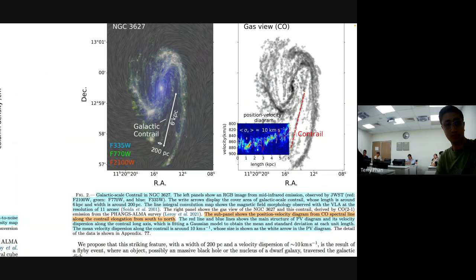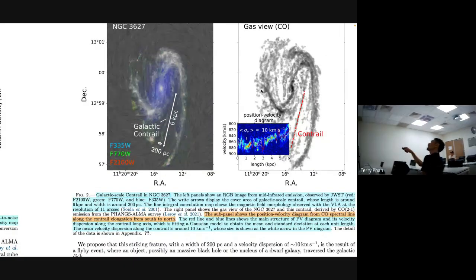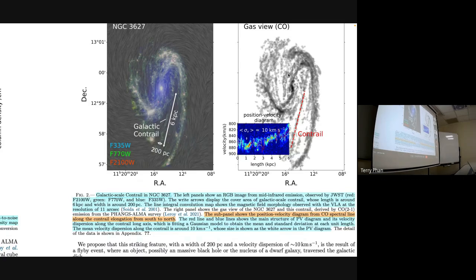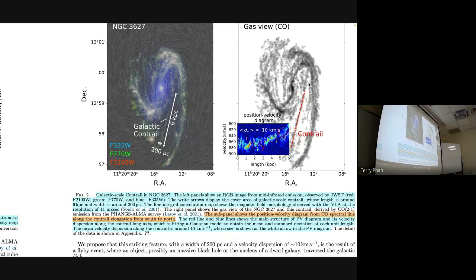I think they have said it's easier to see, but I cannot see properly. But they have shown the arrow. This is the contrail. This is the length of the contrail. Is there a similar thing here or not? I'm not sure because they haven't mentioned that part. They have just mentioned this one.